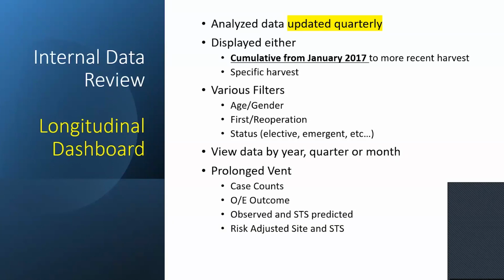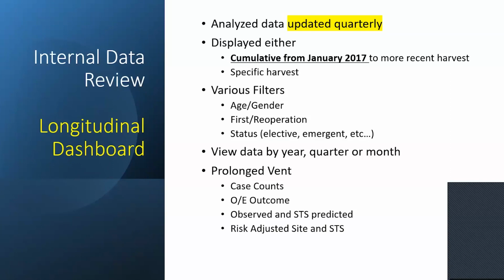We put some of that data in storage, and when we made that transfer to the new warehouse we decided that we were only going to make data starting from January 2017 available. So for display purposes, we have data from January 2017 to the most recent harvest.